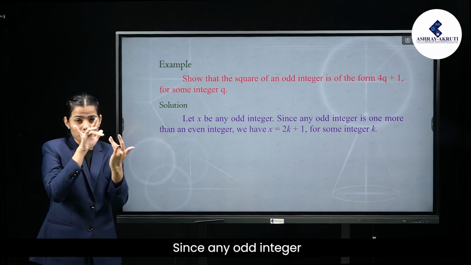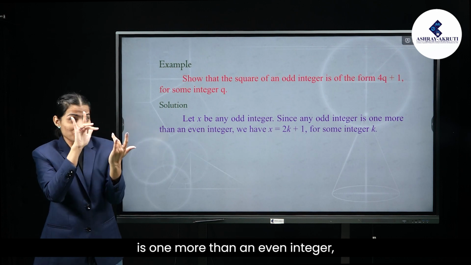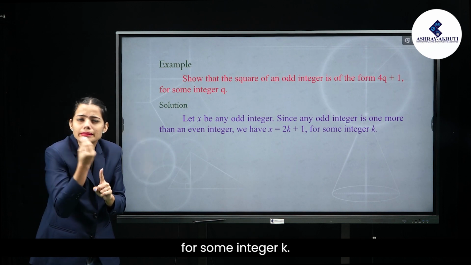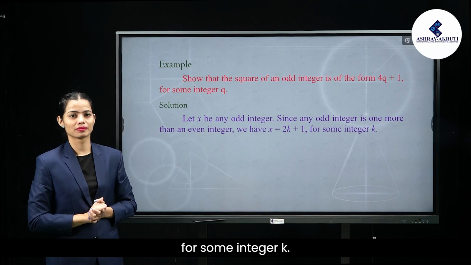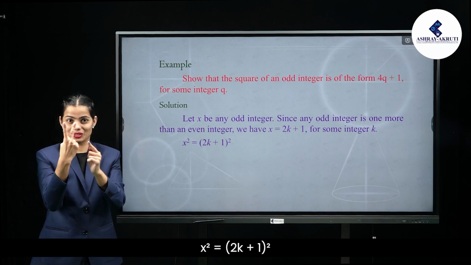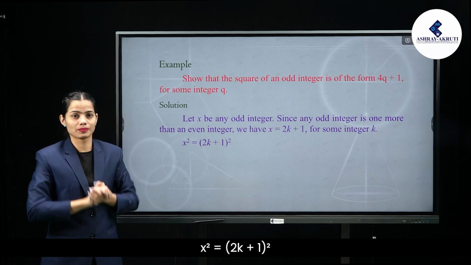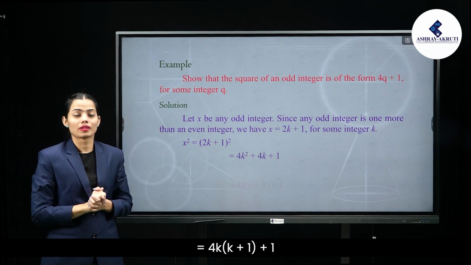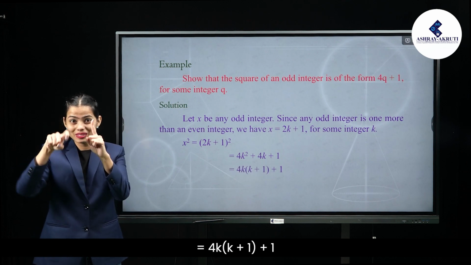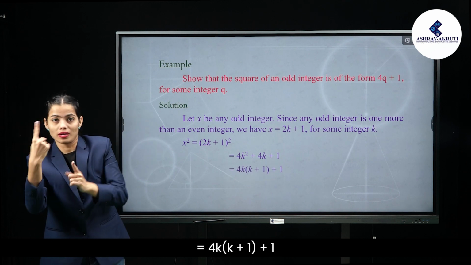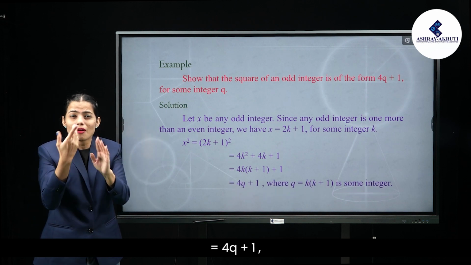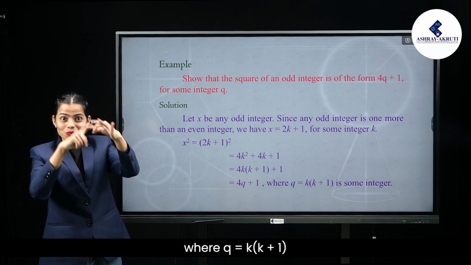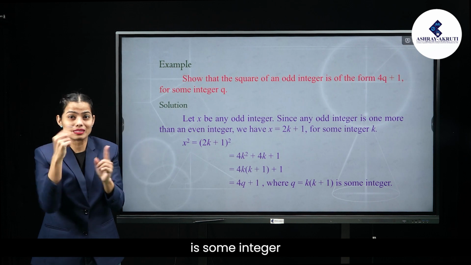Since any odd integer is one more than an even integer, we have x is equal to 2k plus 1 for some integer k. x square is equal to 2k plus 1 whole square, 4k square plus 4k plus 1, is equal to 4k into k plus 1 plus 1, is equal to 4q plus 1, where q is equal to k into k plus 1 is some integer.